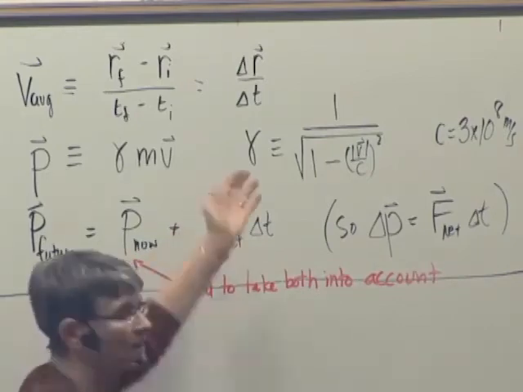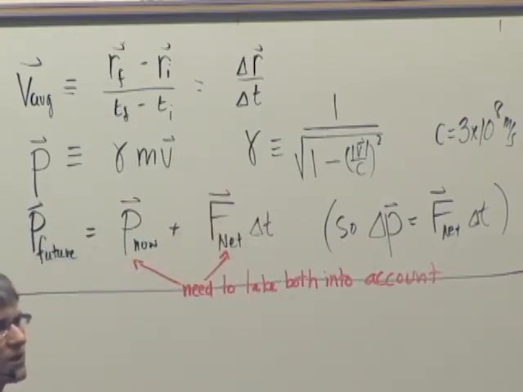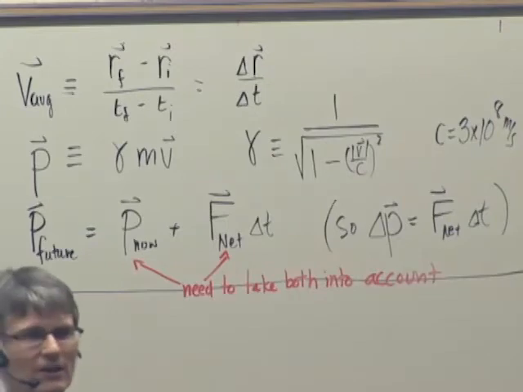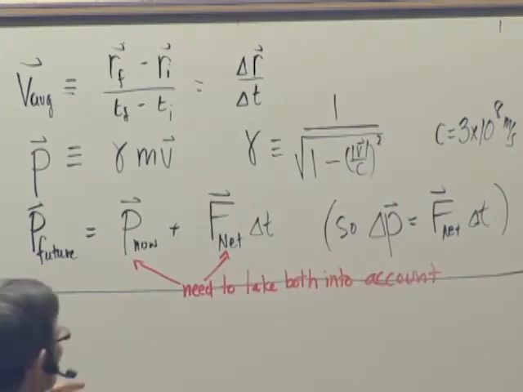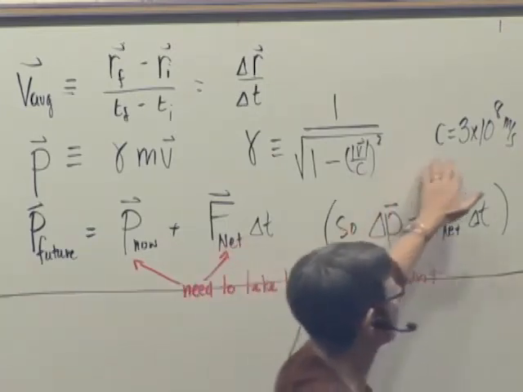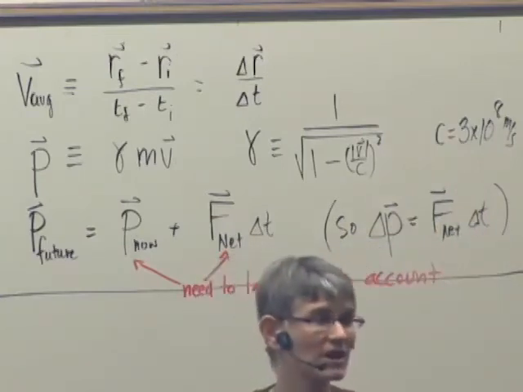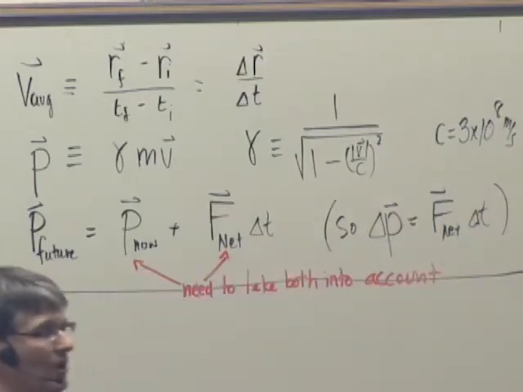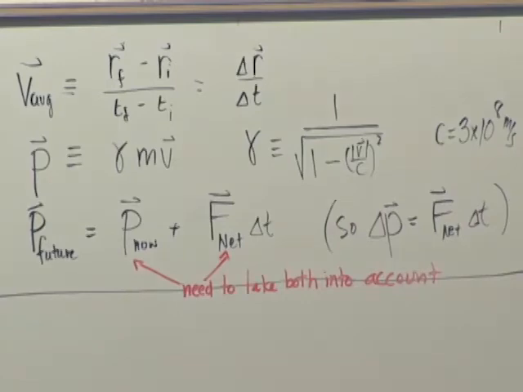And we've calculated gamma for various speeds, and we have pretty much agreed that as long as the speed is less than 10 to the 8th meters per second, we can usually approximate gamma as 1 without worrying about it. But when it gets that high, we have to start actually really calculating it.